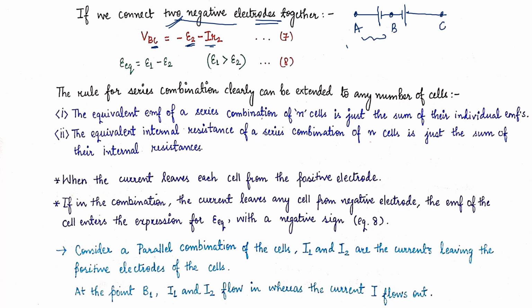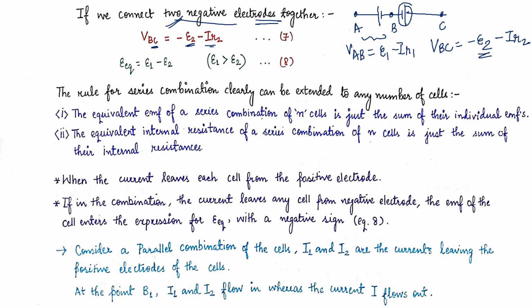In this case, V of AB will be the same, epsilon 1 minus IR1. But in this case, the whole thing is being reversed. So VBC equals minus epsilon 2 minus IR2. Here the EMF of our cell will be reversed.